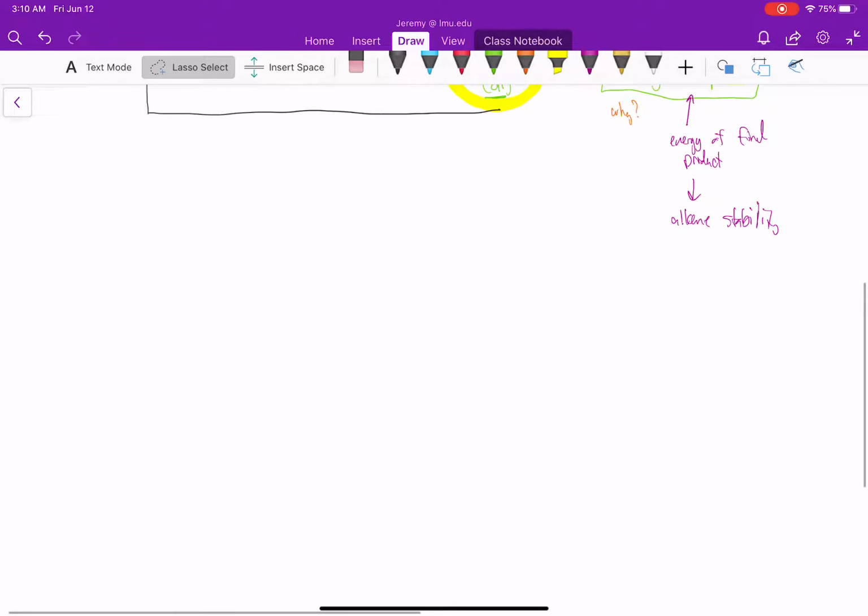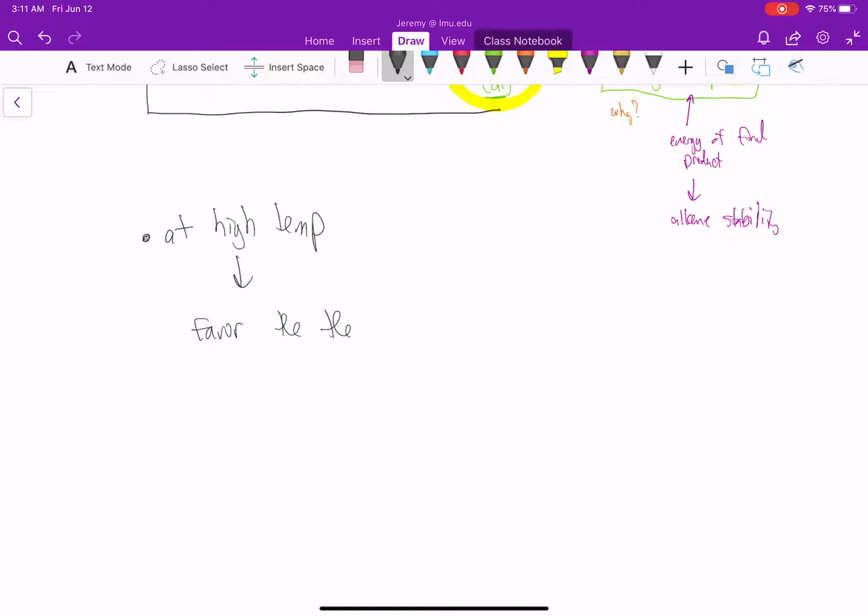So what we really need to know here is at high temp, we're going to favor the thermodynamic product. That is the product that's more stable, right?